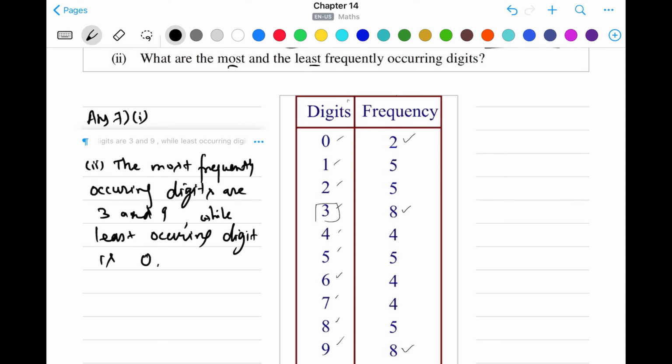Okay, 3 and 9 appear both 8 times and the 0 appears only 2 times. So that's the answer for the question number 7.